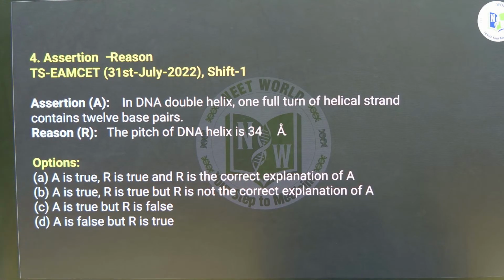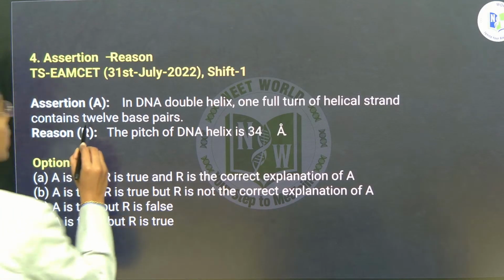In assertion, in DNA double helix, one full turn of the helical strand will have 12 base pairs.